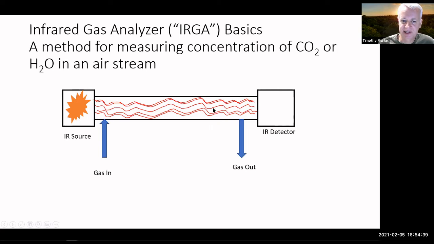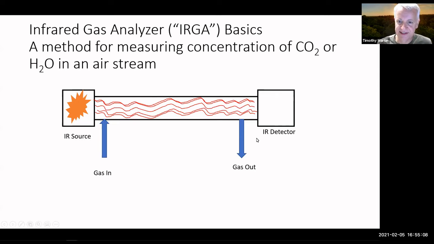Let's imagine a situation where the gas in here has no carbon dioxide. The important thing to know is carbon dioxide absorbs strongly in infrared wavelengths. So if there's essentially no CO2 in this gas, all of the infrared radiation that leaves the source arrives at the detector. We will be able to detect that as a signal.